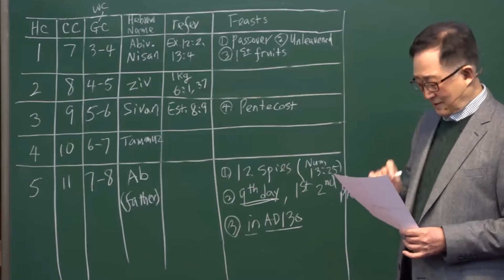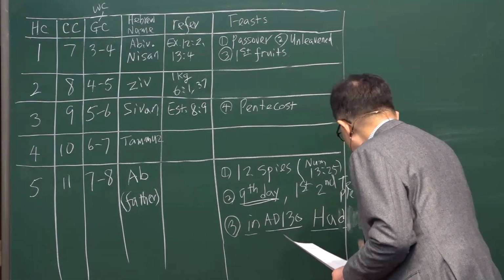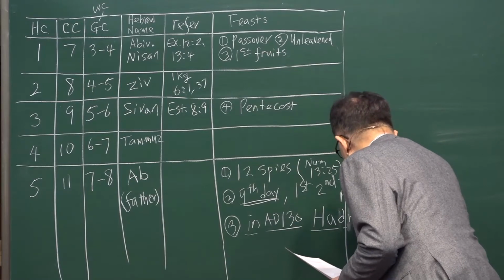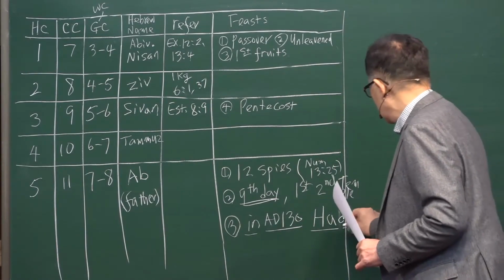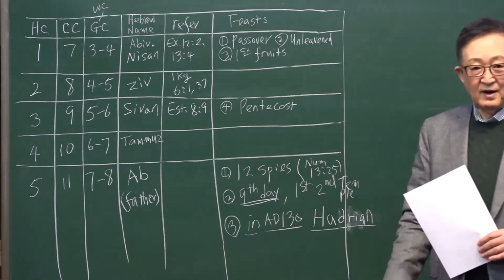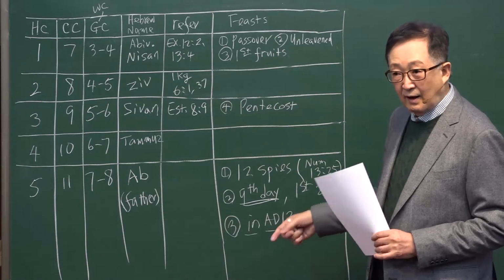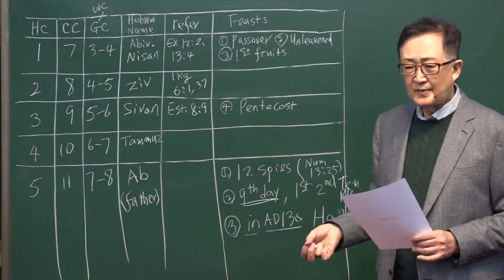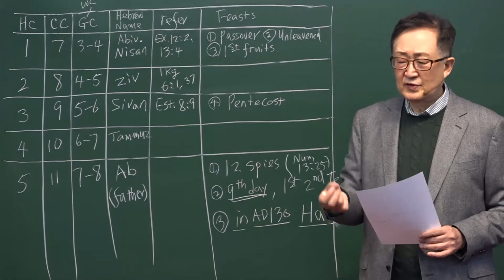The Roman king, his name is Hadrian, in AD 130, who hated Jewish people.